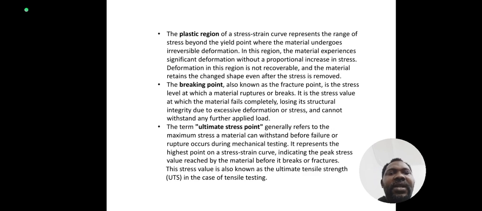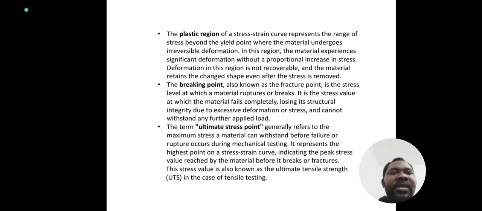So that leads us to the plastic region. The plastic region of a stress strain curve represents the range of stress beyond the yield point, where the material undergoes irreversible deformation. That means at this point, the material cannot go back to its original position. Not just that it cannot go back, it cannot even show any sign of going back. The material is plastic.